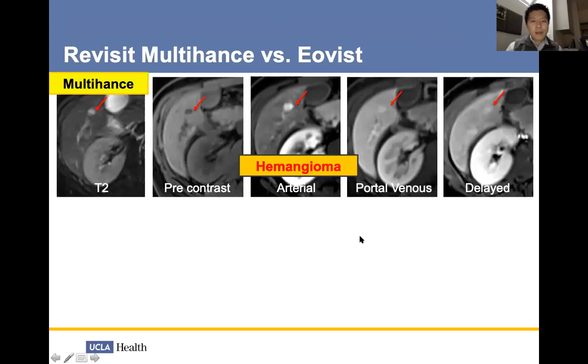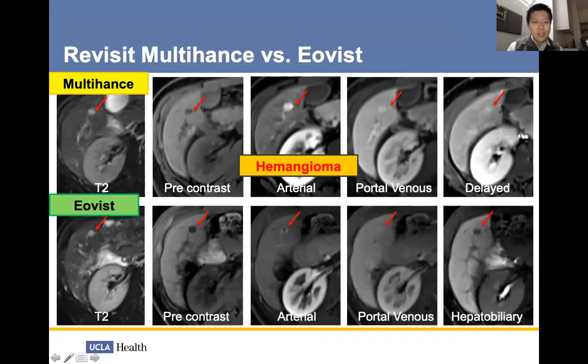So here are a couple examples of the same lesion imaged with extracellular contrast versus hepatocyte-specific contrast. Here, this lesion you could see is a hemangioma. It's classic, but with Eovist, although it does follow blood pool, it just doesn't show it as well.